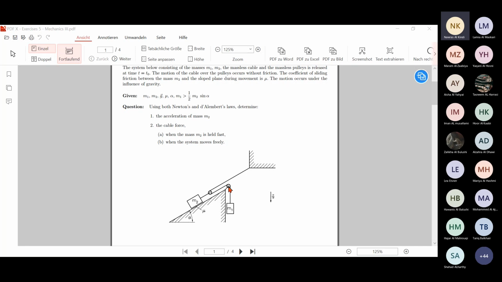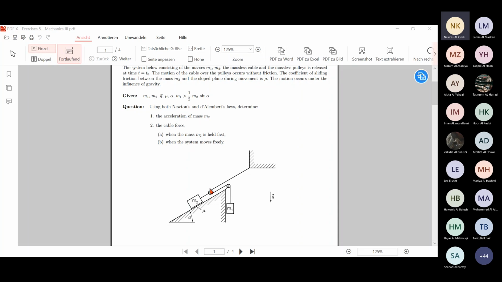The motion of the cable over the pulleys occurs without friction. That means there is no friction between the cable and the pulleys.